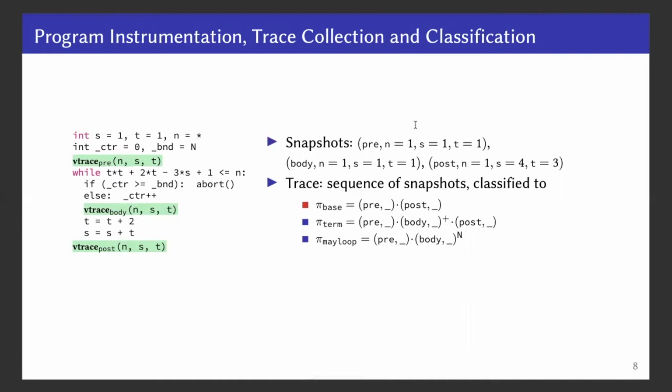Traces are sequences of snapshots, and there are three kinds of them. Base traces are collected from executions without loop iteration. Terminating traces are those where the location after the loop is reachable, and partially non-terminating traces are those where the number of iterations reaches the upper bound.